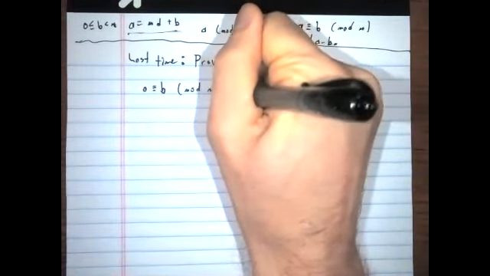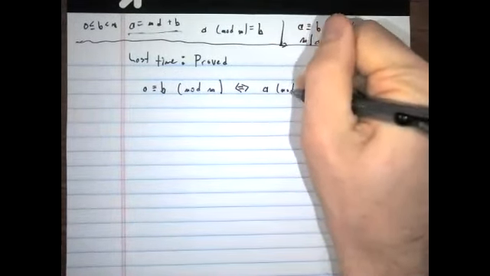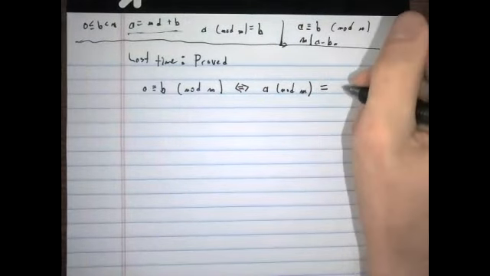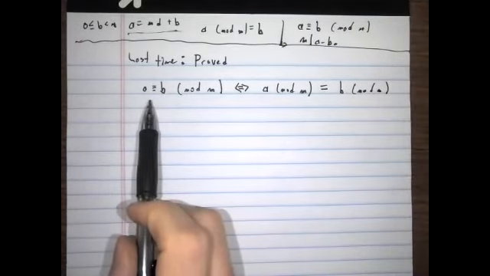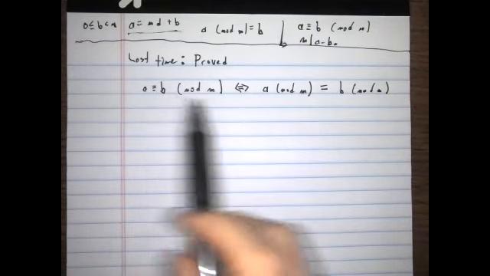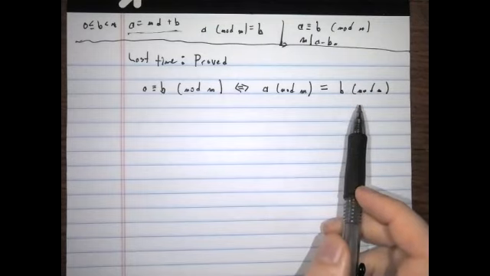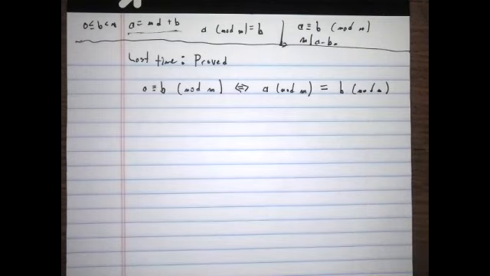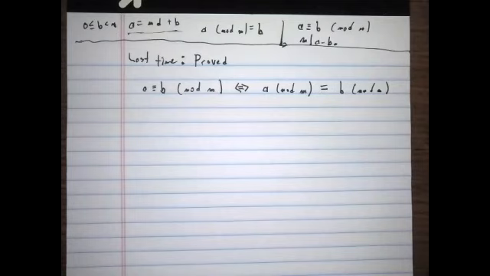A is congruent to B mod M if and only if A mod M is equal to B mod M. In other words, being congruent to another number is equivalent to having the same remainder mod M. And I think that this is something that probably y'all were implicitly thinking about or using before we proved it, but now we've proven it and we can use it freely. So this was the last thing that we were discussing last time.